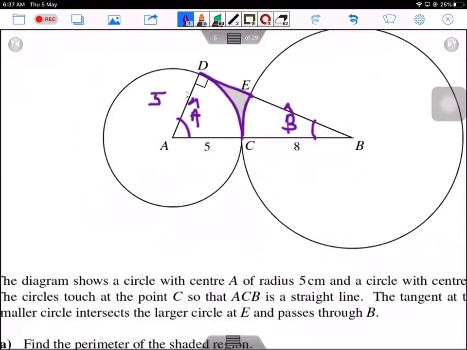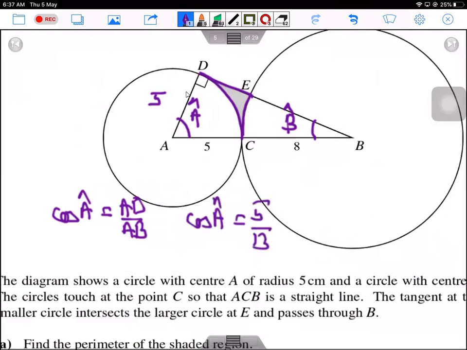Okay, so cos theta is equal to adjacent over hypotenuse. So cos A is equal to, referring to angle A, the adjacent side AD over the hypotenuse AB. So cos A is equal to 5 over 13.